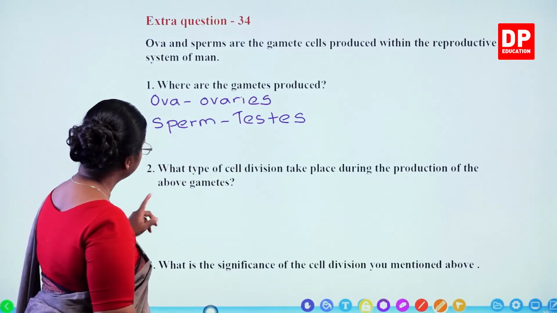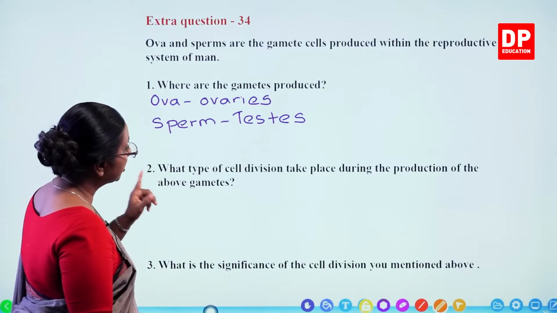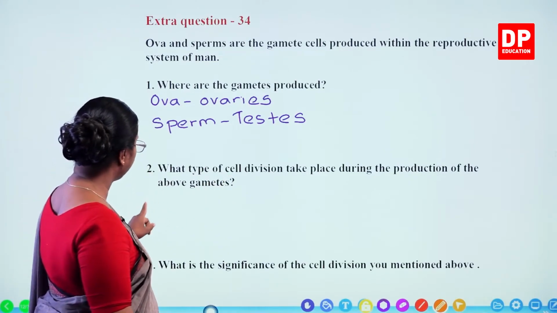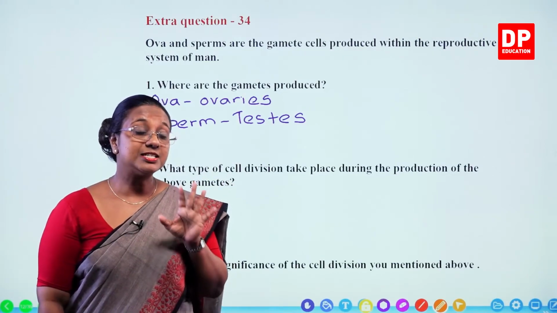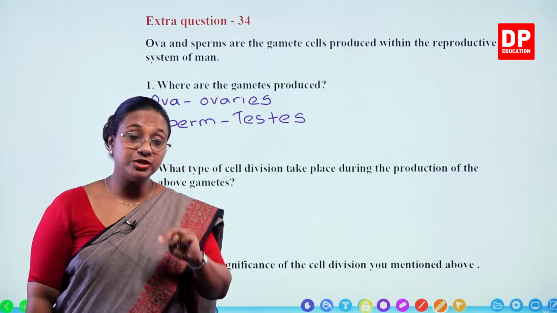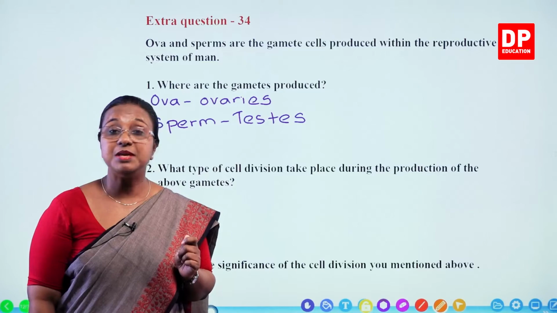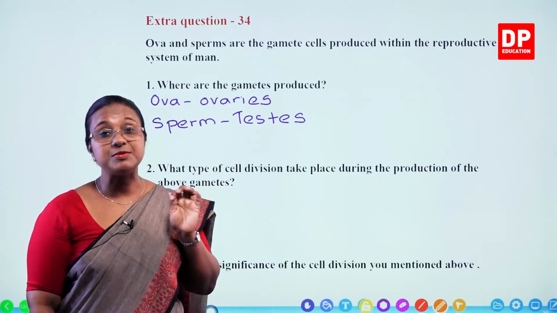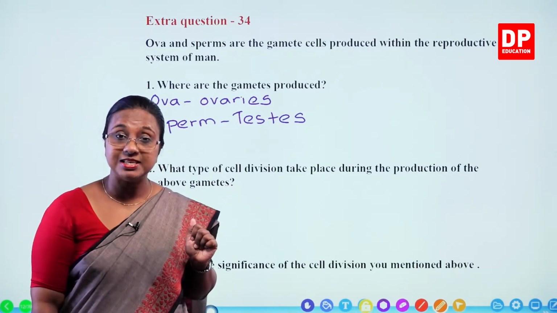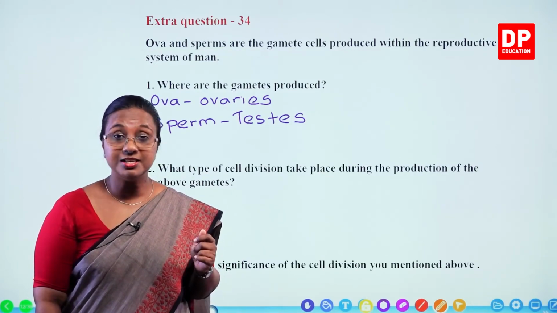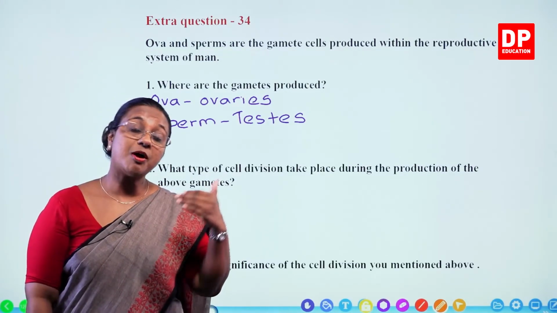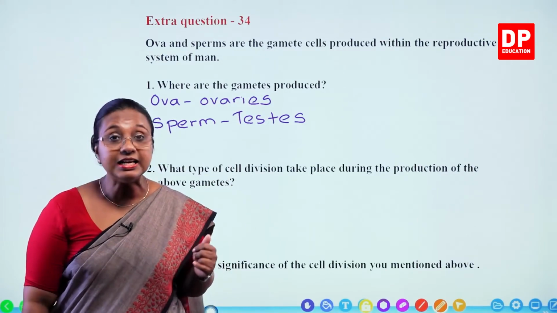The second one, what type of cell division takes place during the production of the above gametes? You are familiar with this, students. When we discuss cell division, there are 2 types, mitosis and meiosis. Out of the 2 types, what is the cell division taking place here? It is meiosis. You all know the reason also. In meiosis, from a diploid cell, we get the haploid cell.